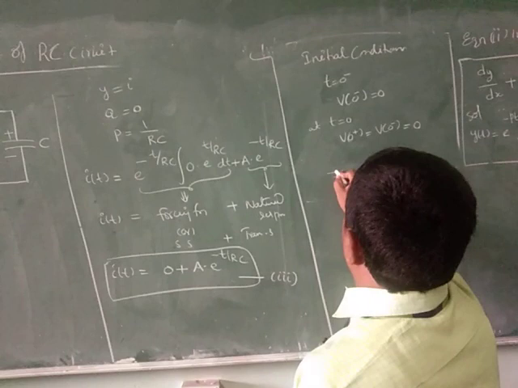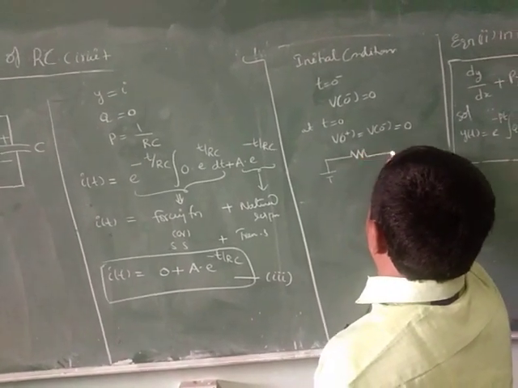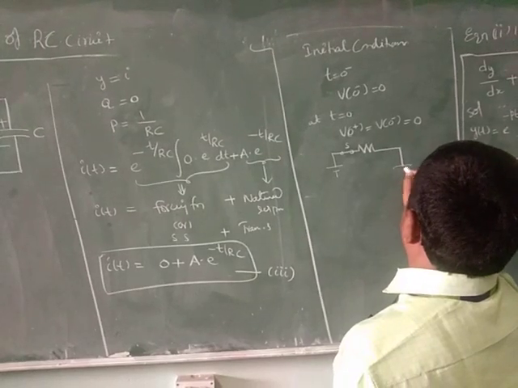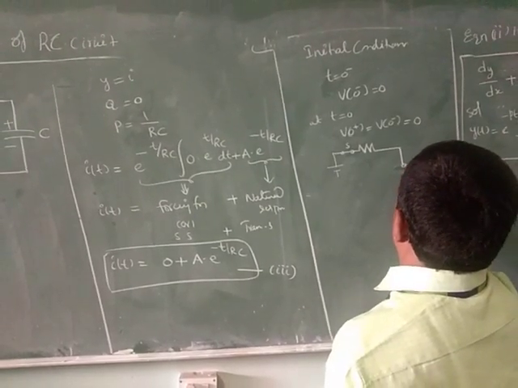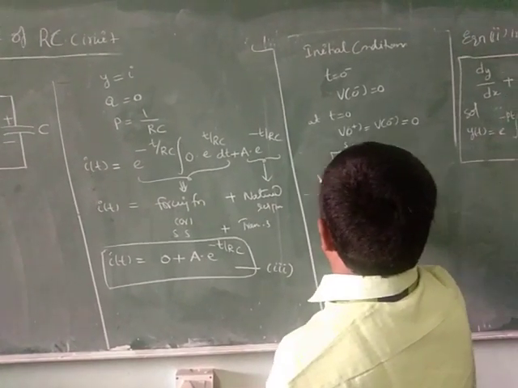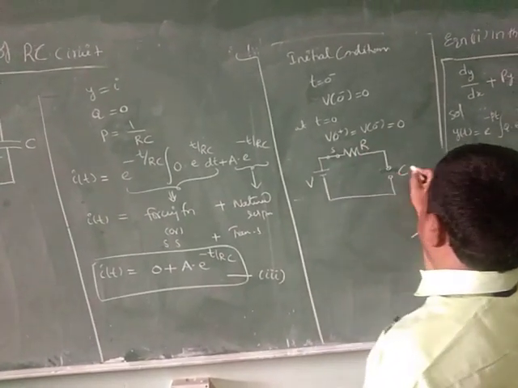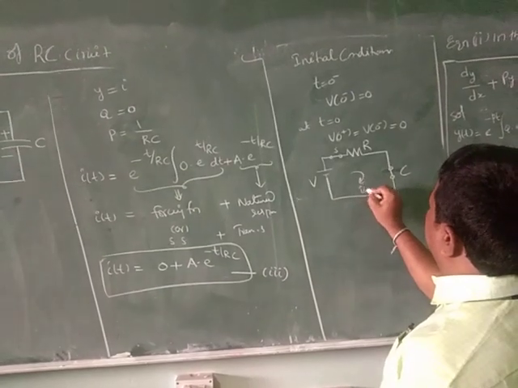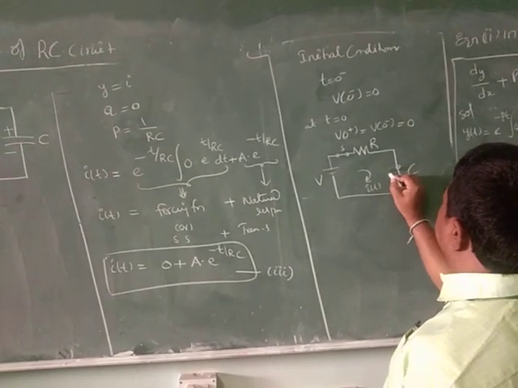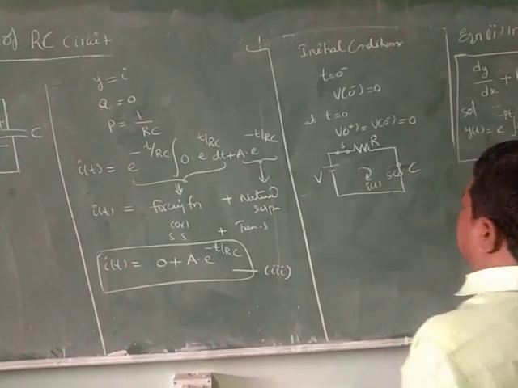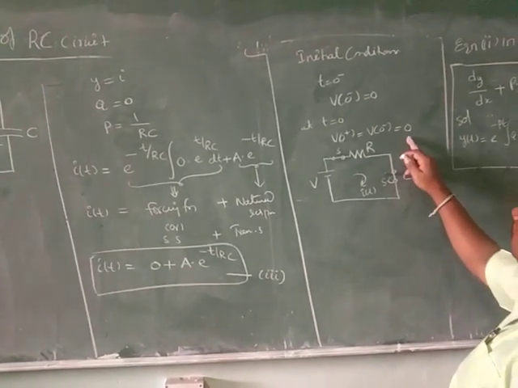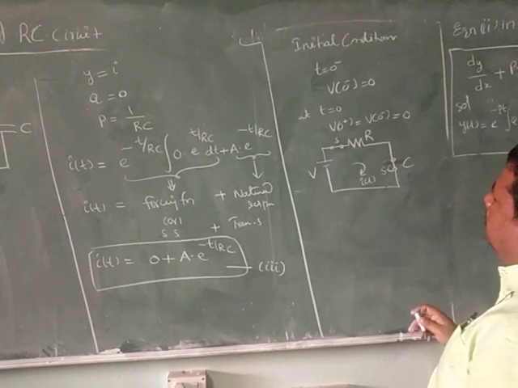Now the circuit becomes: the switch is closed, and the voltage across the capacitor is also 0. So the capacitor behaves like a short circuit, because the voltage across the capacitor is 0.